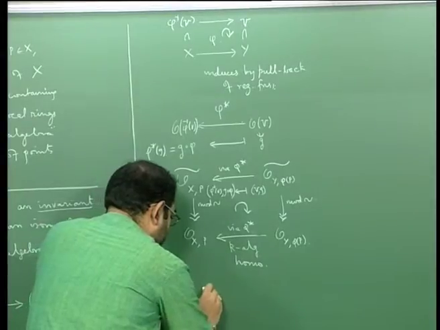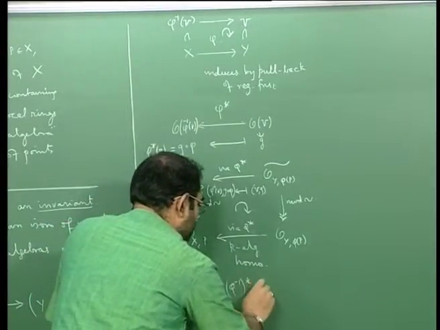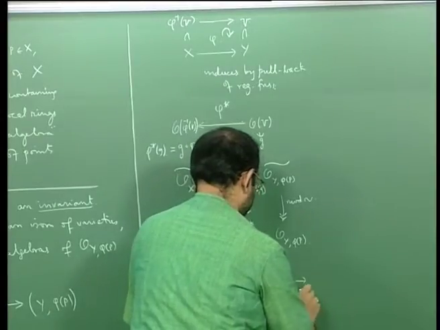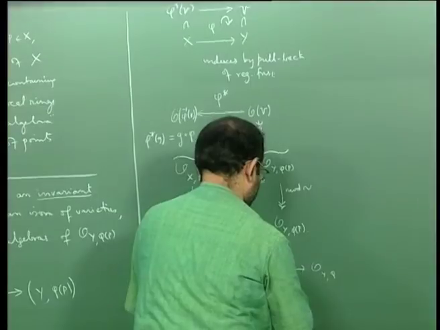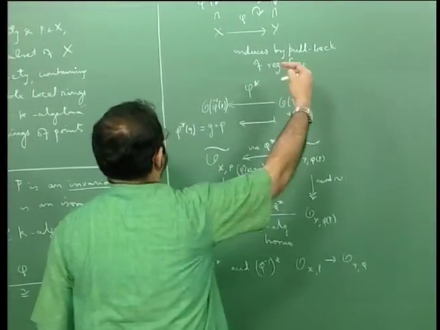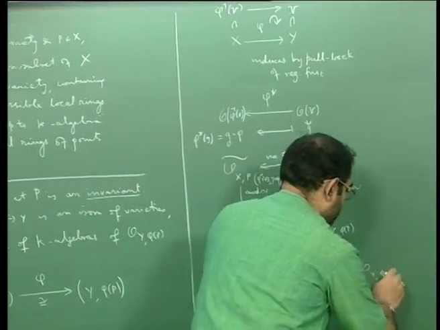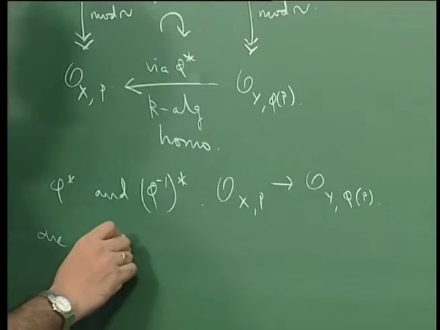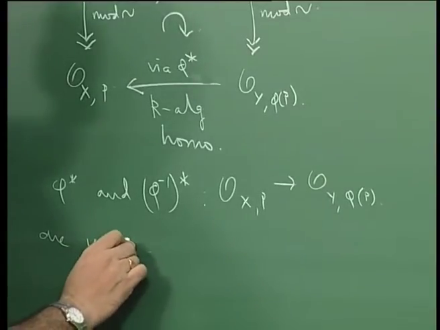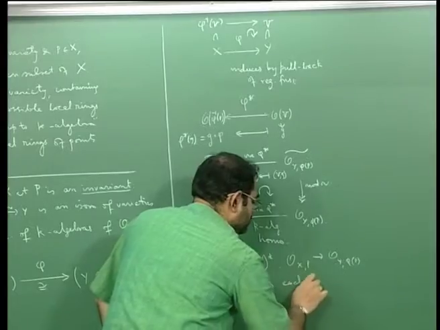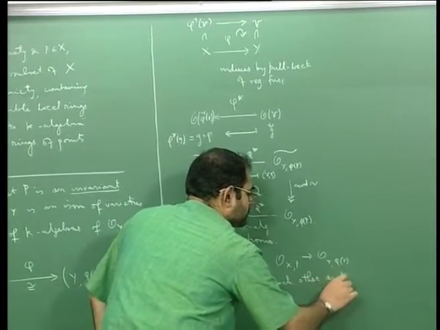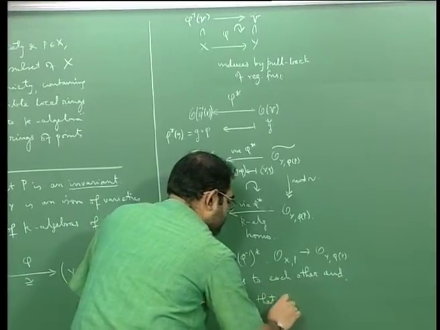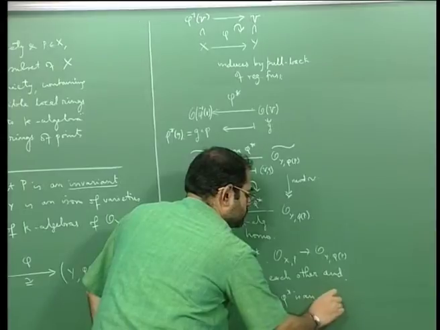So phi star and phi inverse star, which goes in the other direction, from O_{X,p} to O_{Y,phi p}, are inverses to each other, and hence we get that phi star is an isomorphism of K algebras.